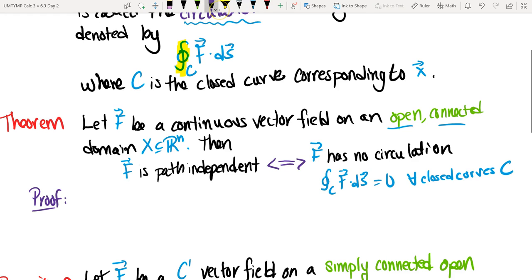The proof is either really short or non-existent, and we're going to do the ideas in group work, and then maybe you might see it in your homework. We'll see.